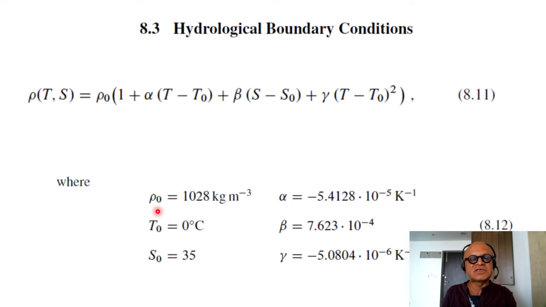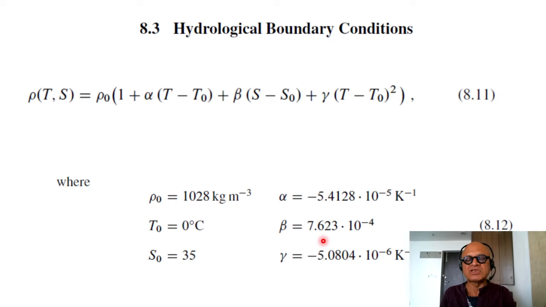So the standard density is 1028 kilogram per meter cube. Temperature T0 is typically set to, the equation is based on a relation developed around 0 degrees centigrade and mean salinity of 35 practical salinity units, PSU, or often we just mention salinity without any units. Alpha here, the thermal expansion coefficient, is minus 5.4128 times 10 to the minus 5 per Kelvin, so that's how density gets affected.